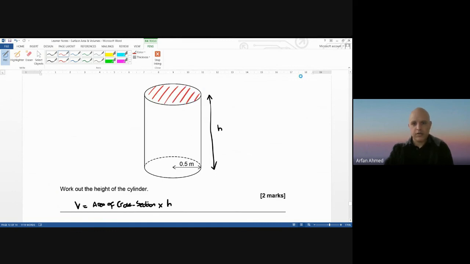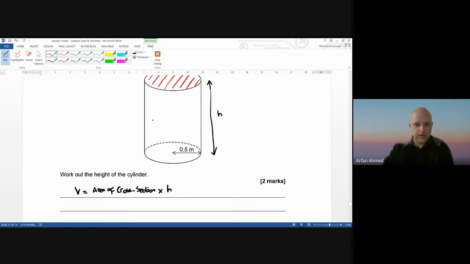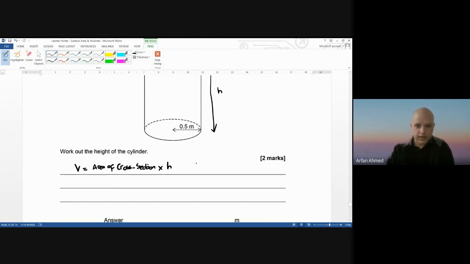That's the cross-section. So what's the area of the cross-section going to be? Pi times r squared. Let's work that out. So area is pi r squared. That's going to be pi times 0.5 squared. So 0.25 pi, let's call it.